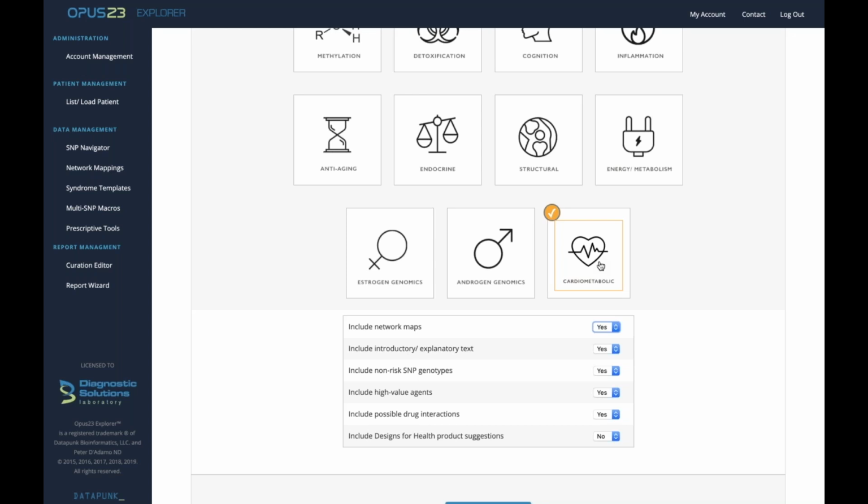So instead of just looking at a biochemistry pathway, it tells you this is the biochemistry pathway, and then it will implement and plug in the patient's SNPs to see where there might be some issues in that pathway. So you can include that or not.